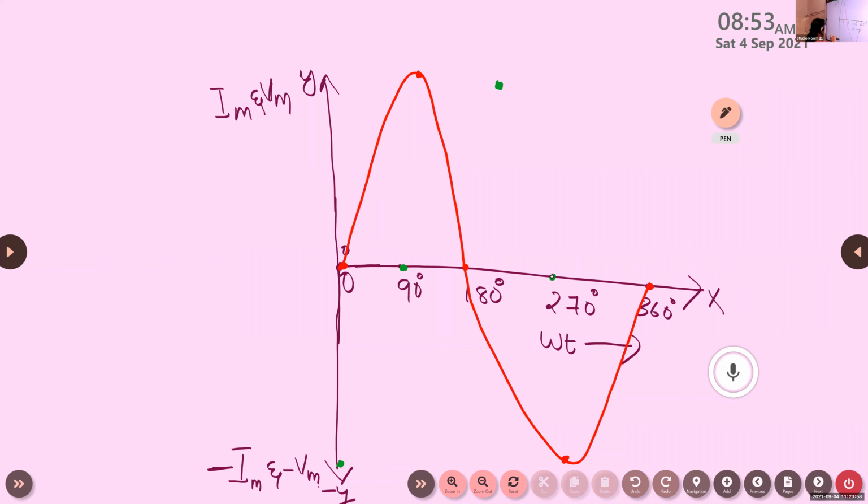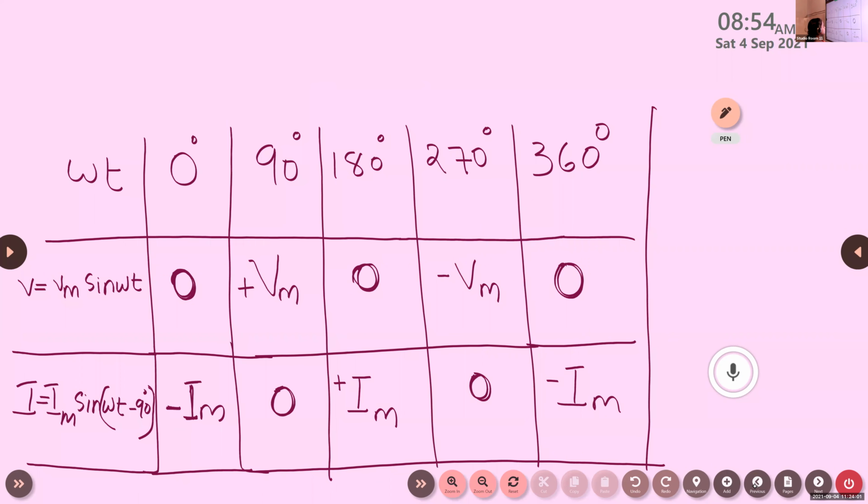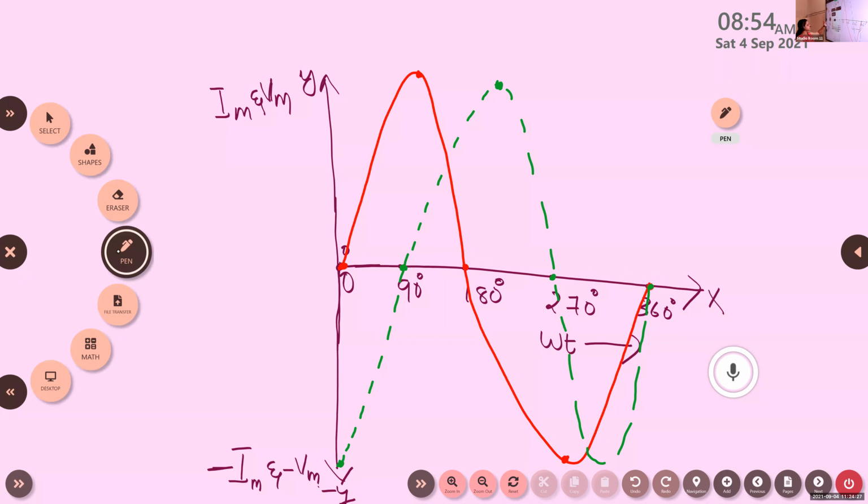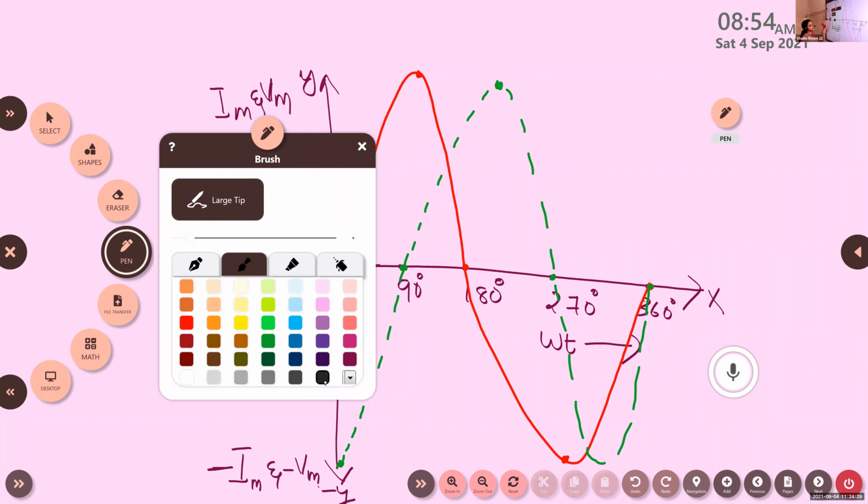And for 360, it is 0. So we get a graph like this.